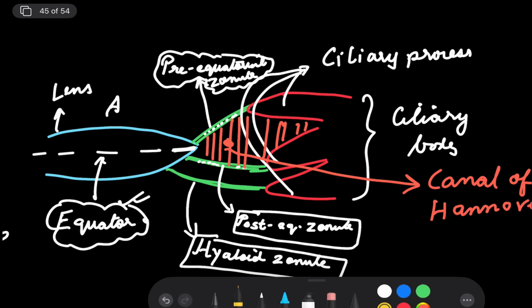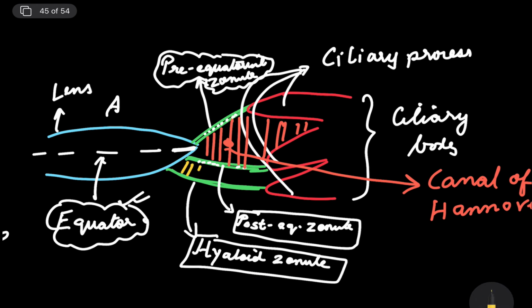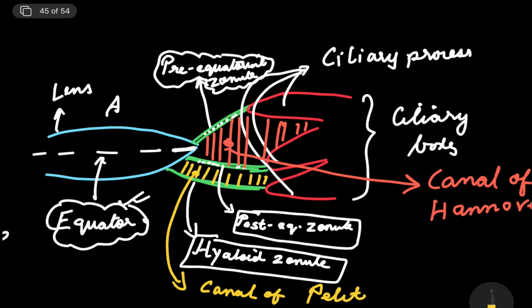Whereas the space between the post-equatorial zonule and the hyaloid zonules, this space over here, is known as the canal of Petit. So, canal of Hanover is the anterior space and canal of Petit is the posterior space.